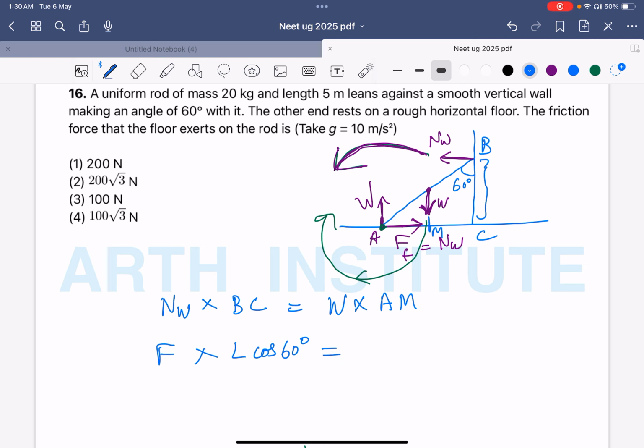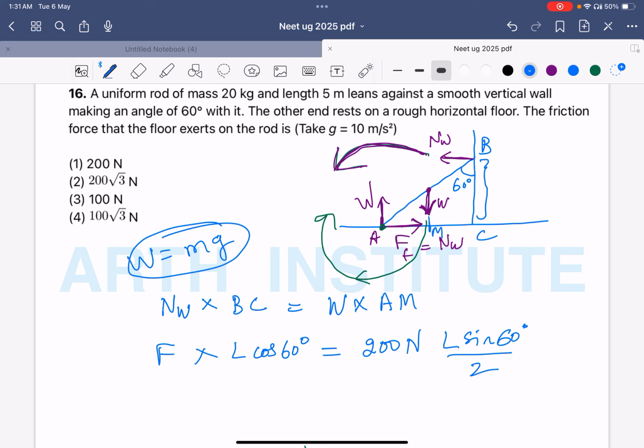W is 200 Newton, because weight of the rod is mass into acceleration due to gravity. And this AM is half of AC, which is L sine theta by 2. So this is L sine 60 degree divided by 2. So L gets cancelled.